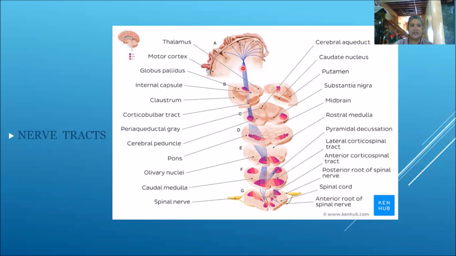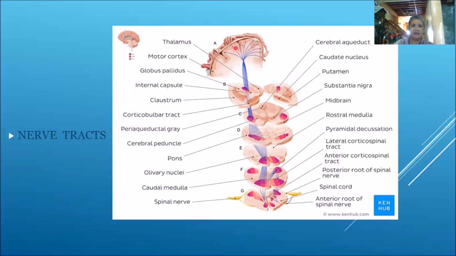Some tracts would decussate and some will not decussate or cross. It will pass to the different areas of the spinal cord, and it will go to this, which is already the diencephalon, before it will be distributed to the different areas of the brain.